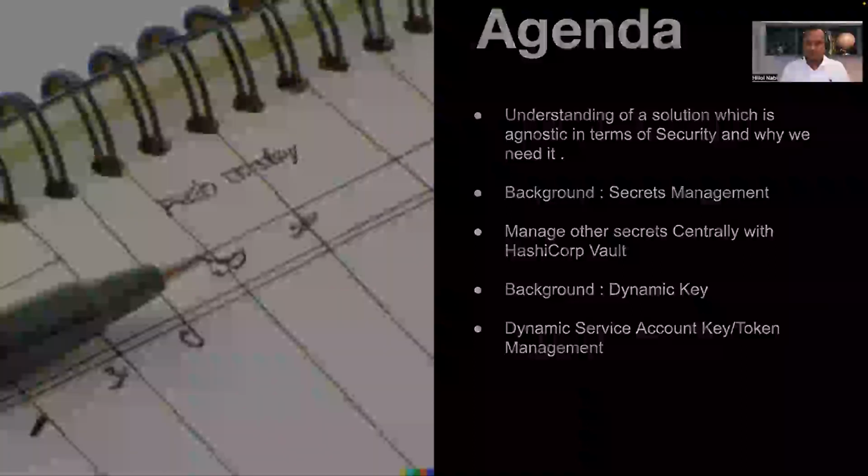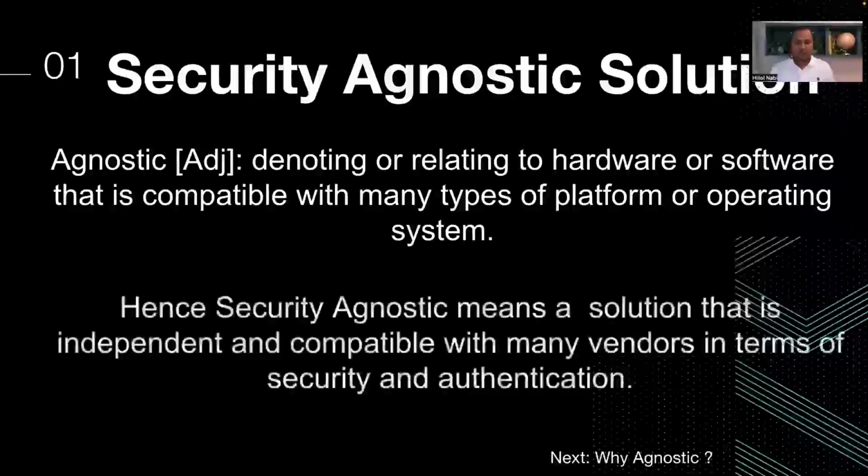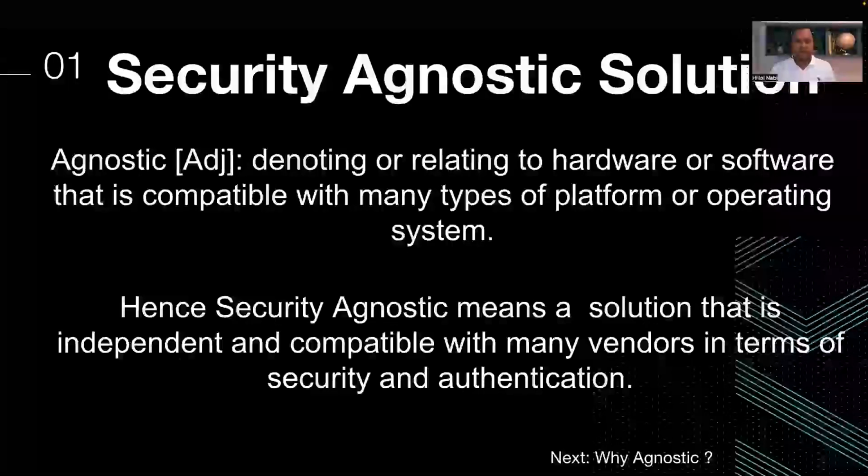Of course, we will not be able to cover everything in detail, but I will try to give as much information as needed. At first, let's try to understand what agnostic means. The term agnostic is an adjective. It means something relating to hardware or software that is compatible with many types of platforms or operating systems. So in terms of security, we mean a security system that is compatible with many platforms, many cloud solutions, many systems.